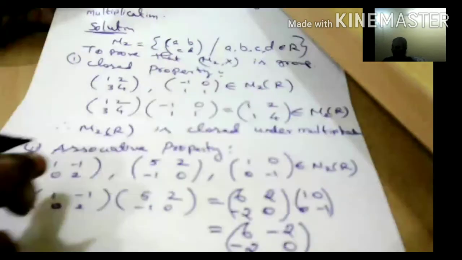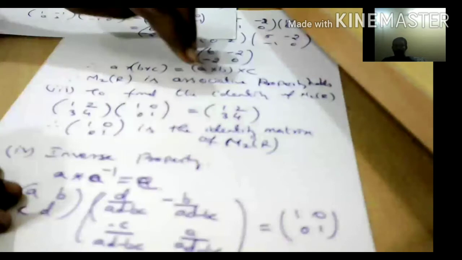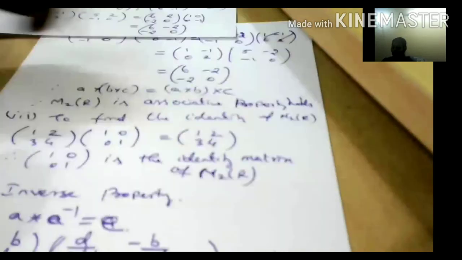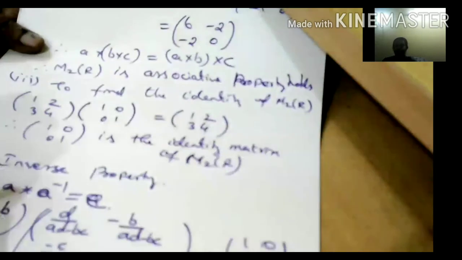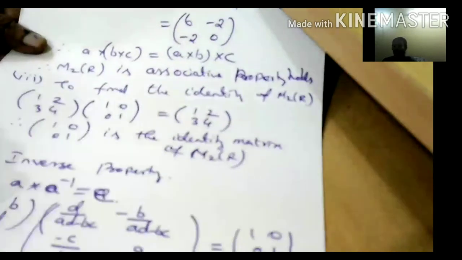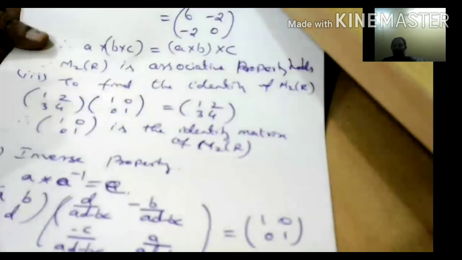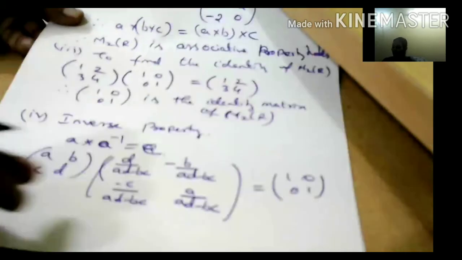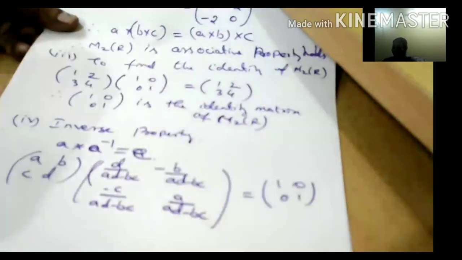Then we proved the associative property. Then we calculated the identity element of M2 of R; the unit matrix is the identity element. For the inverse property, we applied the formula A inverse is equal to adjoint of A by determinant of A, and by using this we got the inverse of each element of M2 of R.